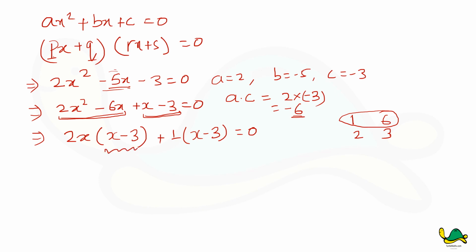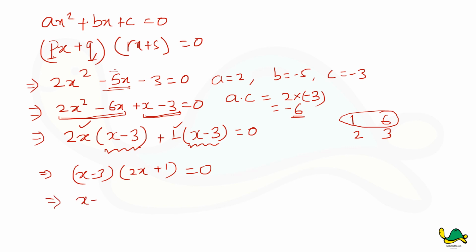You can see I have got x - 3 here and x - 3 here. If I take out x - 3 and create another bracket, I'll be left with 2x + 1. So (x - 3)(2x + 1) = 0. Now, if the product of two numbers is equal to 0, it means one of them is 0.